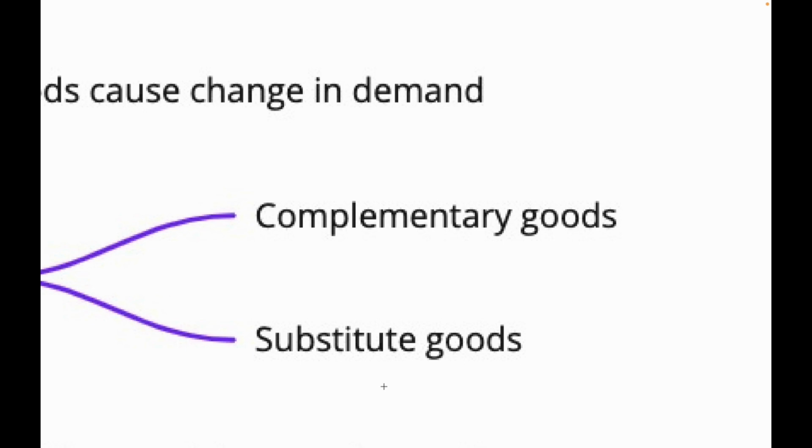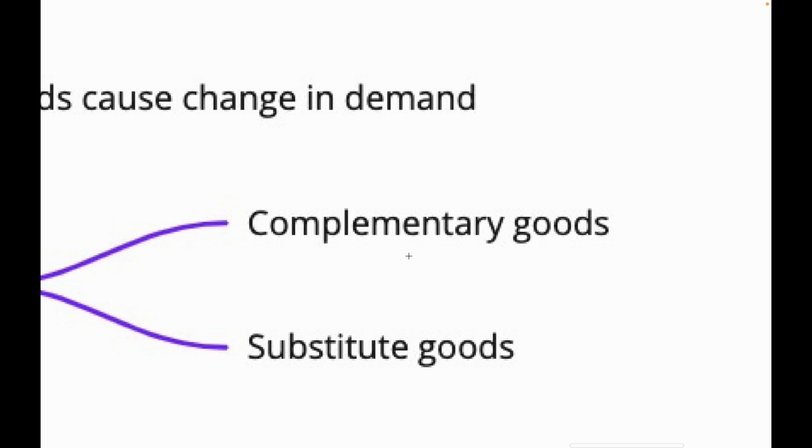These are goods that you have to purchase together in order for them to function normally. If you only purchase one of the goods, it wouldn't work, so you would need them together. And substitute goods are alternatives. Instead of purchasing apple juice, I could choose orange juice if I really want juice. So these are substitute goods that can replace each other in economic decisions.